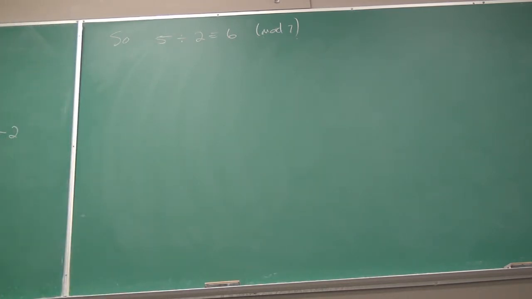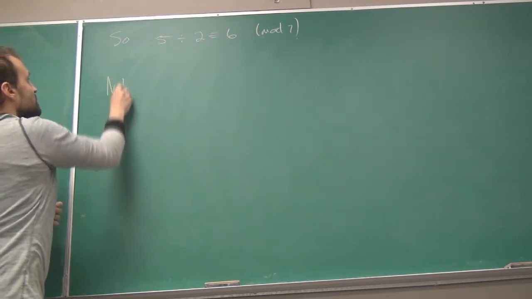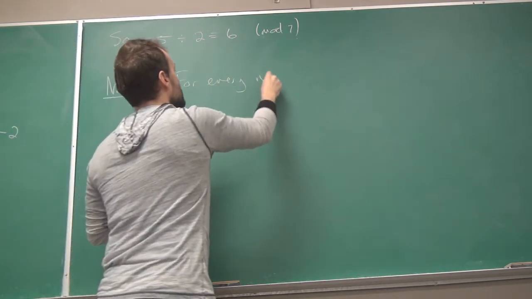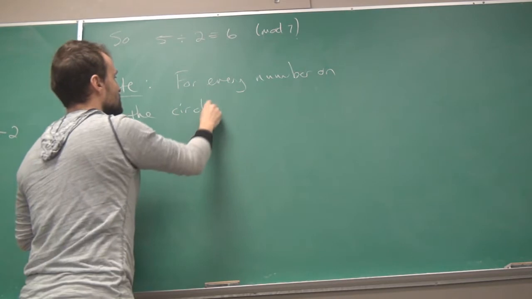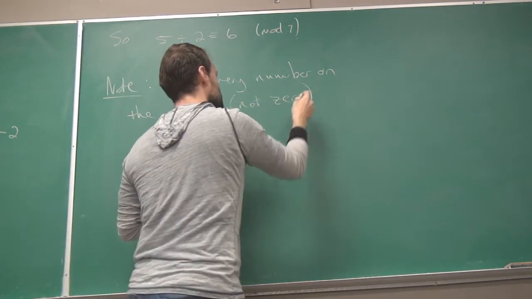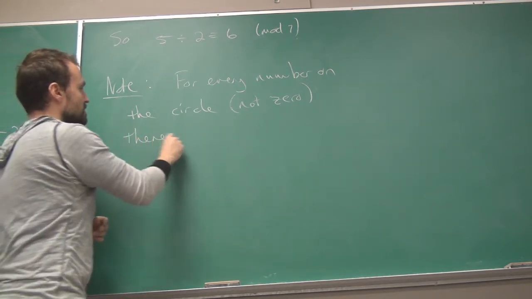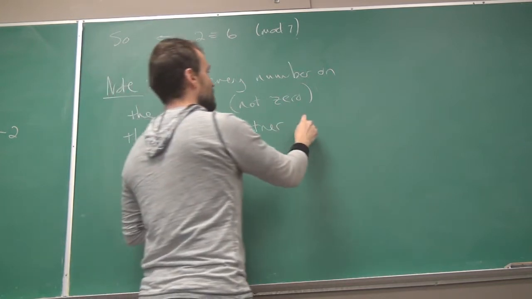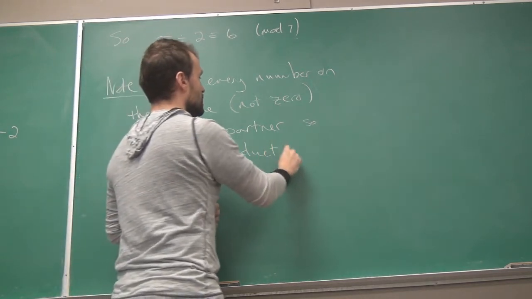Now, if you look at this circle, for every number on the circle that's not 0, and 0 is special, 0 doesn't play well with others in multiplication, there is another number, let's say a partner, a friend, so that the product of the two is 1.